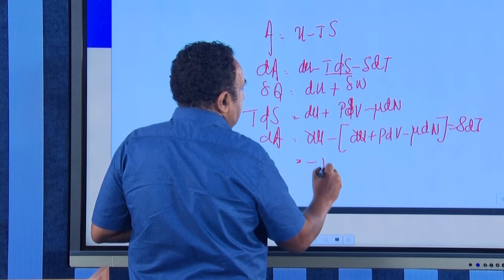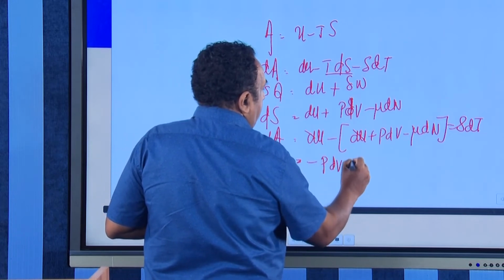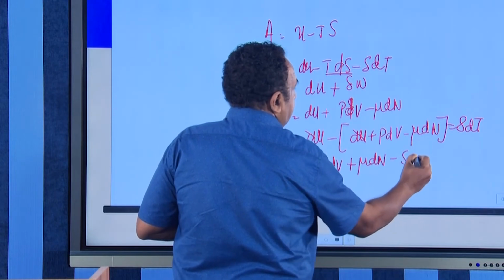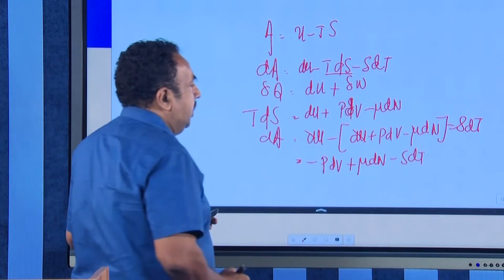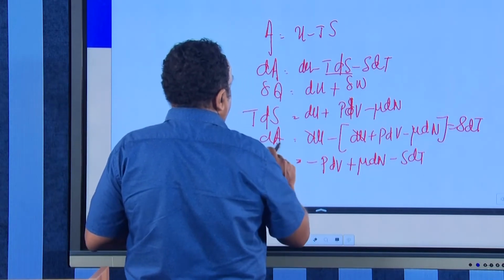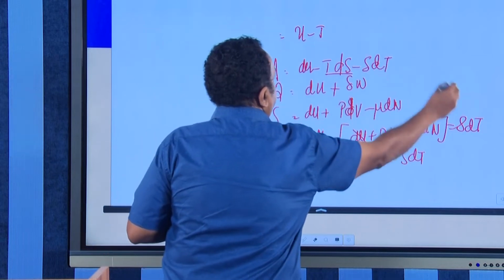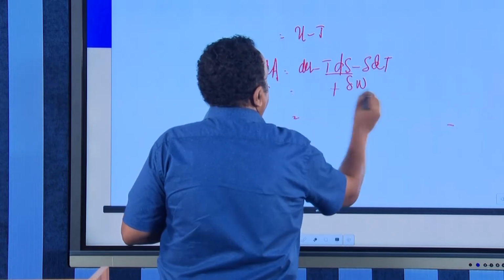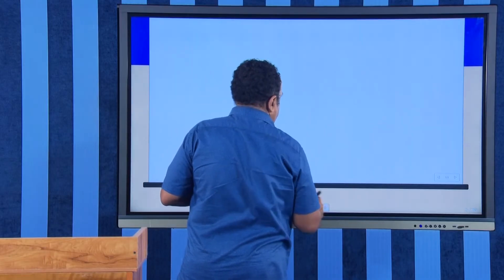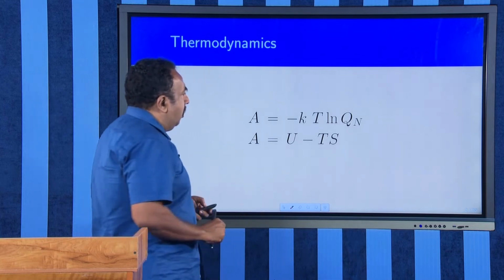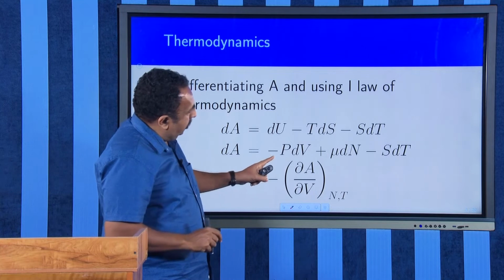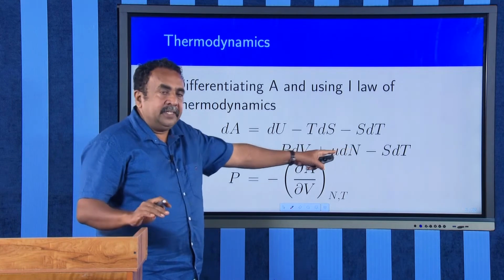You will be getting minus PdV plus mu dN minus SdT. You can use this final expression, and then you can find all other thermodynamic quantities. Therefore, using this, dA is equal to minus PdV plus mu dN minus SdT.